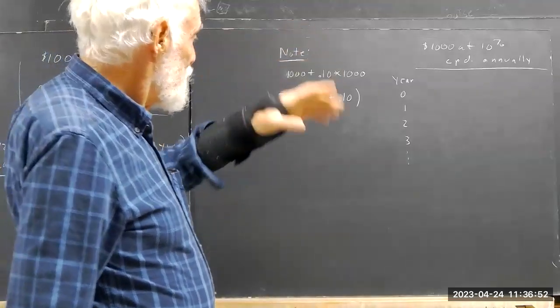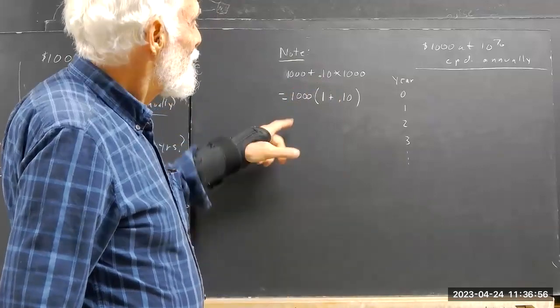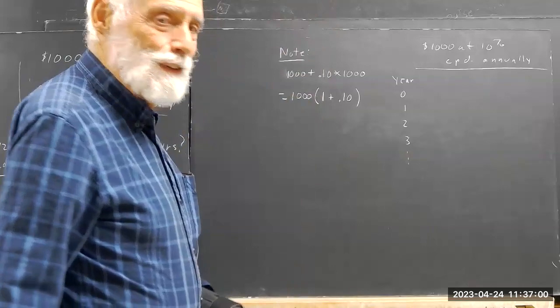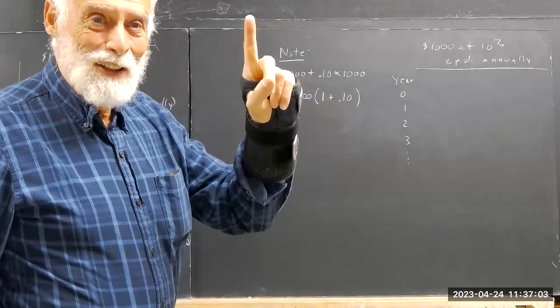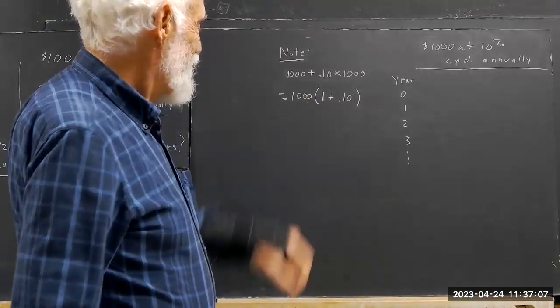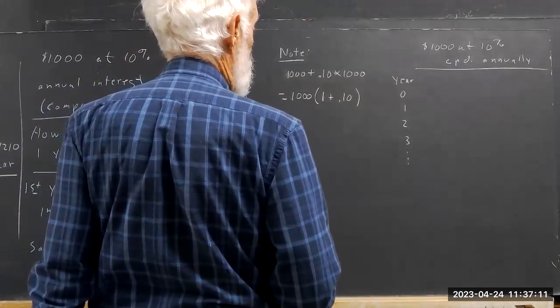After I did have that 1,000 times 0.10 without the 1. When it was pointed out, all of a sudden, I saw that finger go up, and I knew that that was correct. Okay, so it's 1,000 times 0.10.